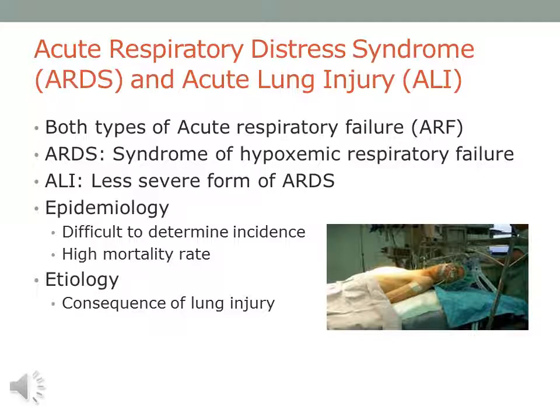And that's basically the consequence of some type of lung injury. It can either be a direct lung injury or indirect. And what's happening is we're having diffuse alveolar damage. And we know that we have to have those alveoli to get adequate gas exchange. So when those alveoli become damaged, we're not getting the gas exchange, and we start going into respiratory failure.